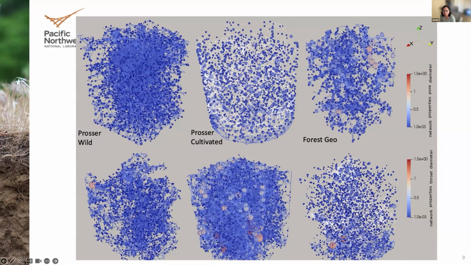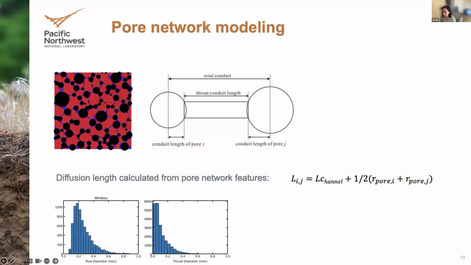My hope is that this simplified pore network could provide me enough information for what I want to understand. Different soils have different structures, and somehow they would reflect back on soil function, maybe microbial respiration, right? The calculation is very simple because it's a very abstract system. We just think about two soil pores that are connected.